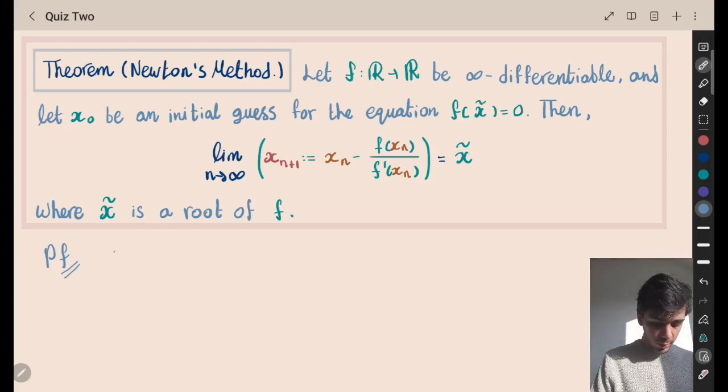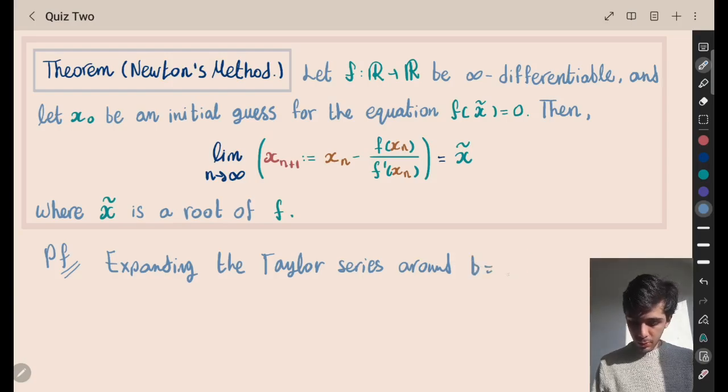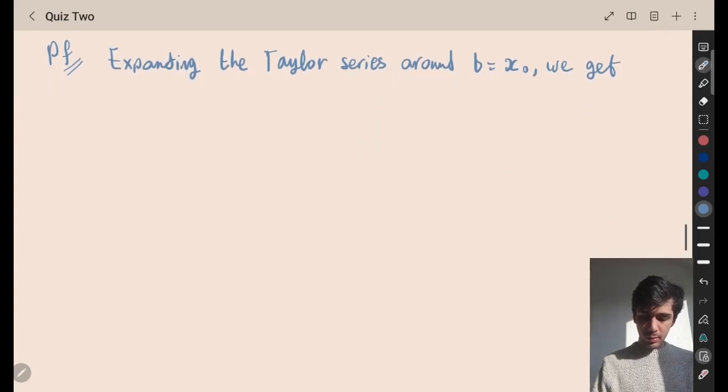We start by expanding the Taylor series around b is equal to x0. If we do this, we get the following.